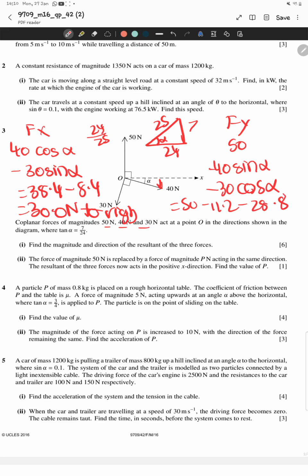So this just makes it 50 minus 40, which is 10 newtons. So basically, in the horizontal direction there is a force to the right of 30 newtons, and there's a force up of 10 newtons.